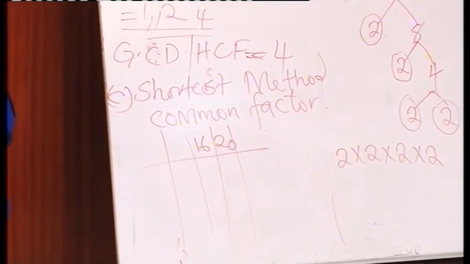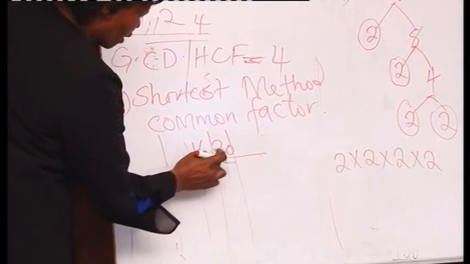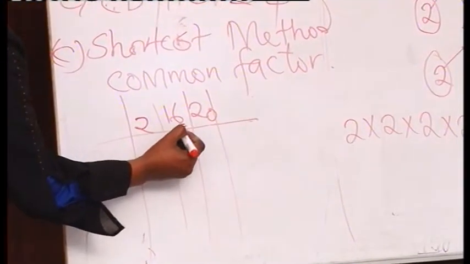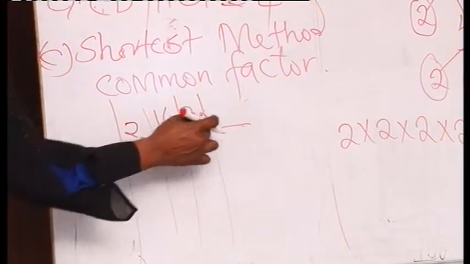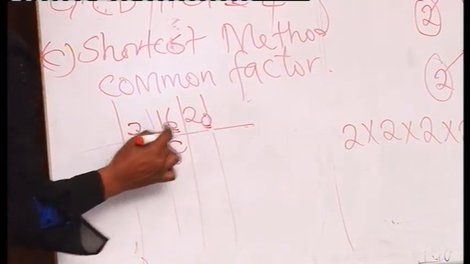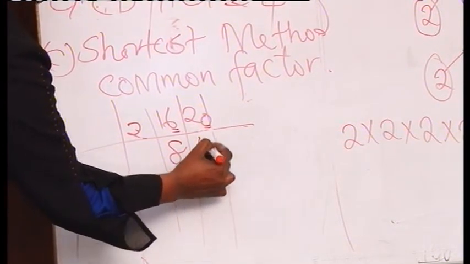Only the common factor. For example, which is the common factor here? I know that 2, since this number is even, and even can divide the 2. So 16 divided by 2 will be 8. 20 divided by 2 will be 10.